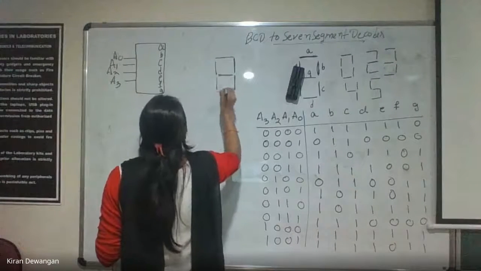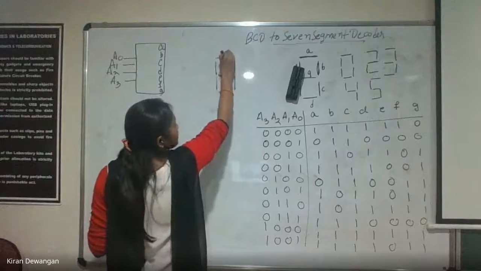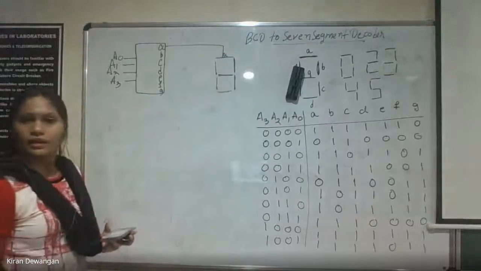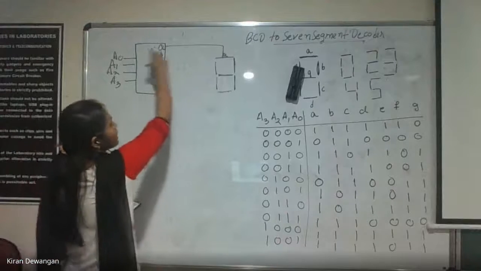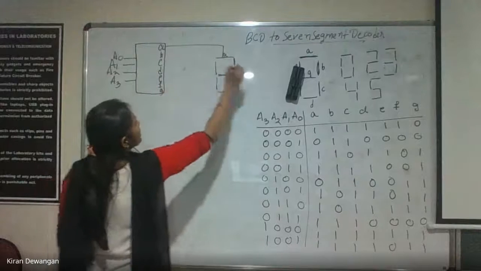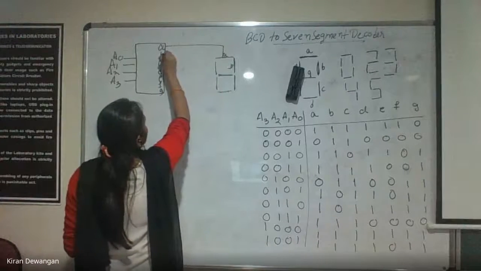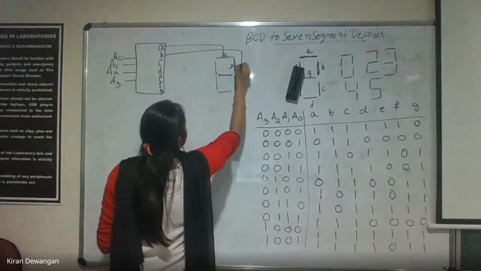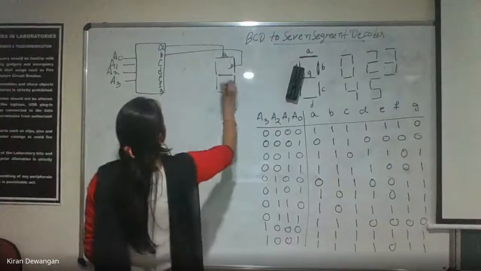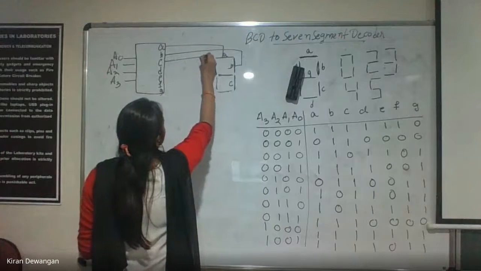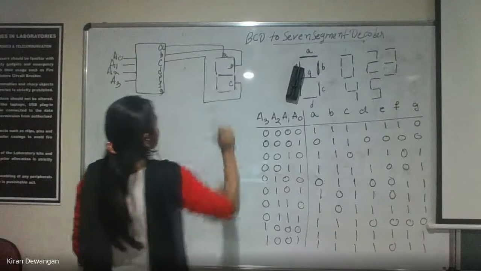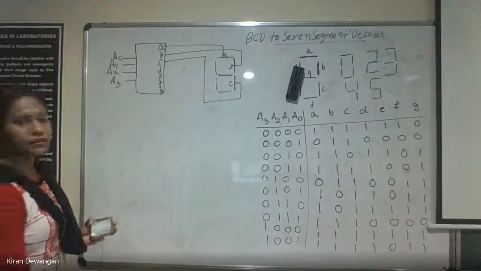So I need to connect this with A. Clear? This will be connected with this segment. This is B. B should be connected with this particular segment. This is C. C should be connected with this segment. Clear?